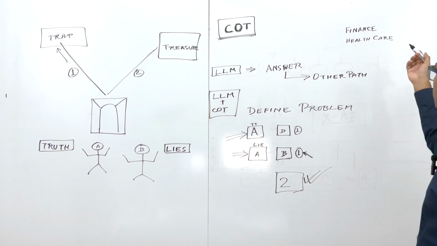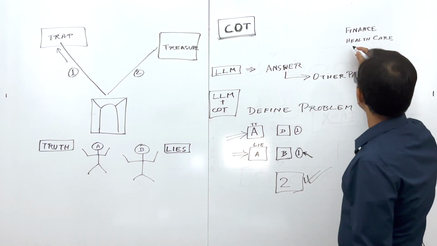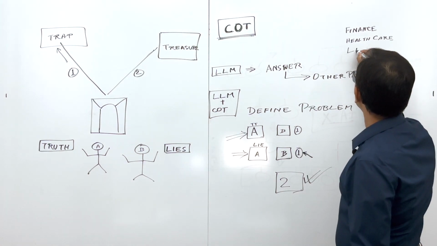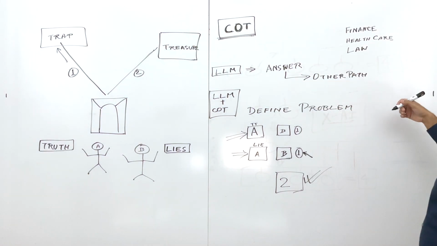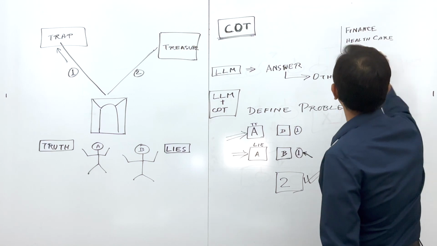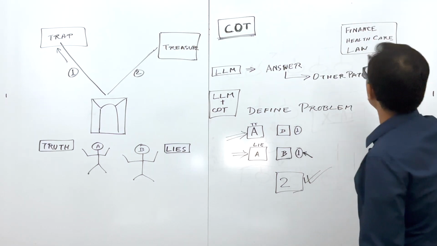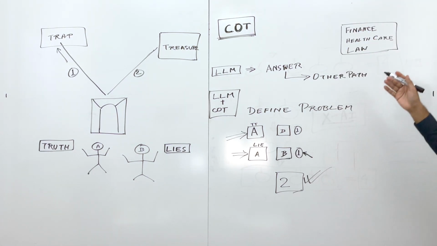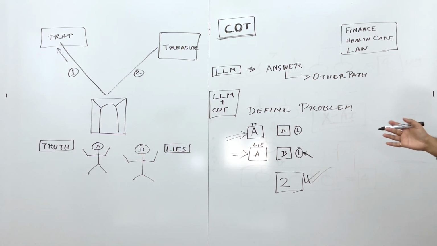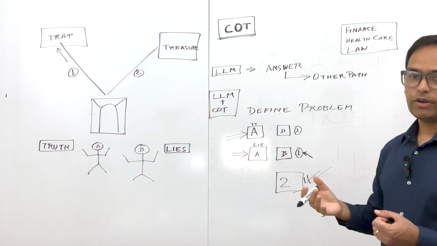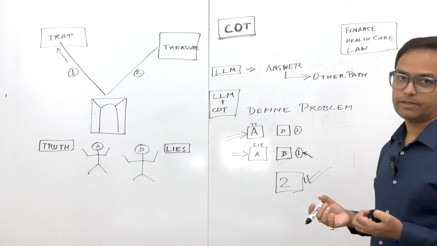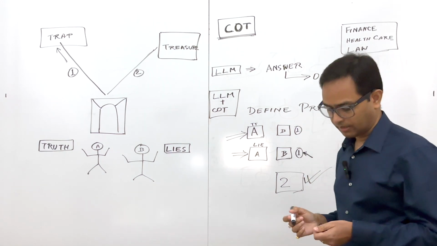And since we are using it in all these places, even in law, and practically everywhere, but these are kind of the high stake environments. And in high stake environments, when you introduce this kind of thing, that is when you are going to see a lot of adoption of these AI models.